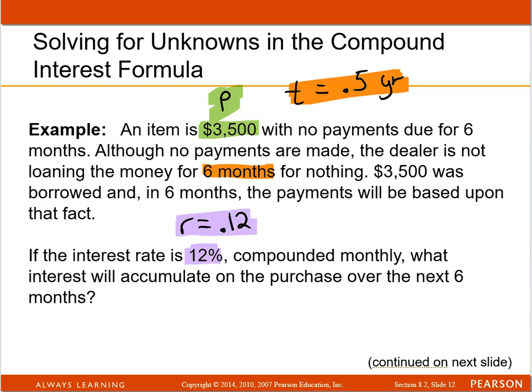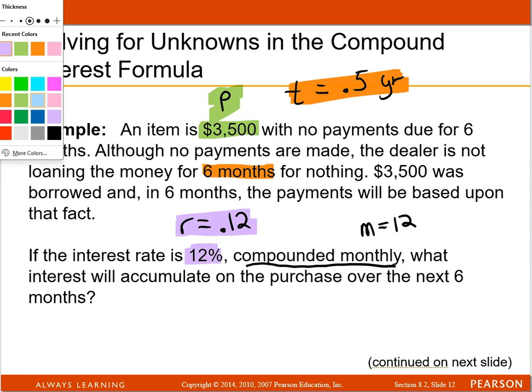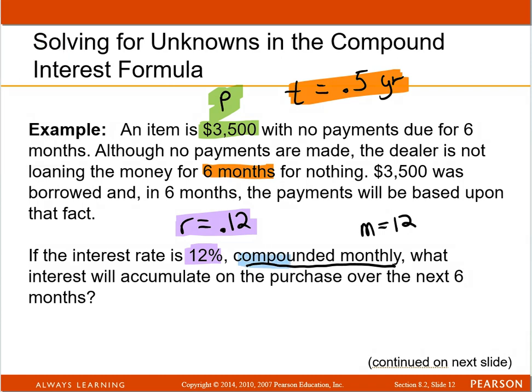Okay. And now here comes the new part, M. This thing is compounded monthly, so M would be 12. Now the fact that the word month starts with an M is a total coincidence on this.